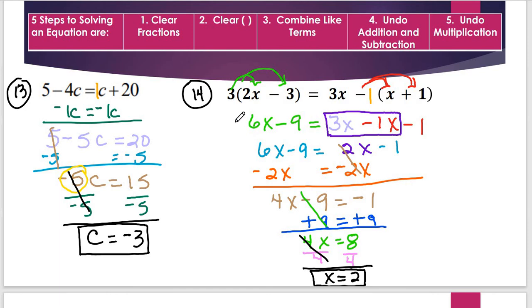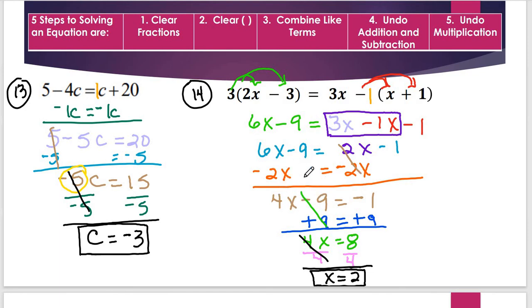Remember, you always start back over here on the left-hand side and go to the right. Always left to right. So bring this down, just like I did, left to right. Combine your like terms, which is 2x. Bring down the negative 1. Now, since we've already combined like terms, we're going to undo addition, subtraction. This is what we did right here, the opposite of a 2x is a negative 2x.